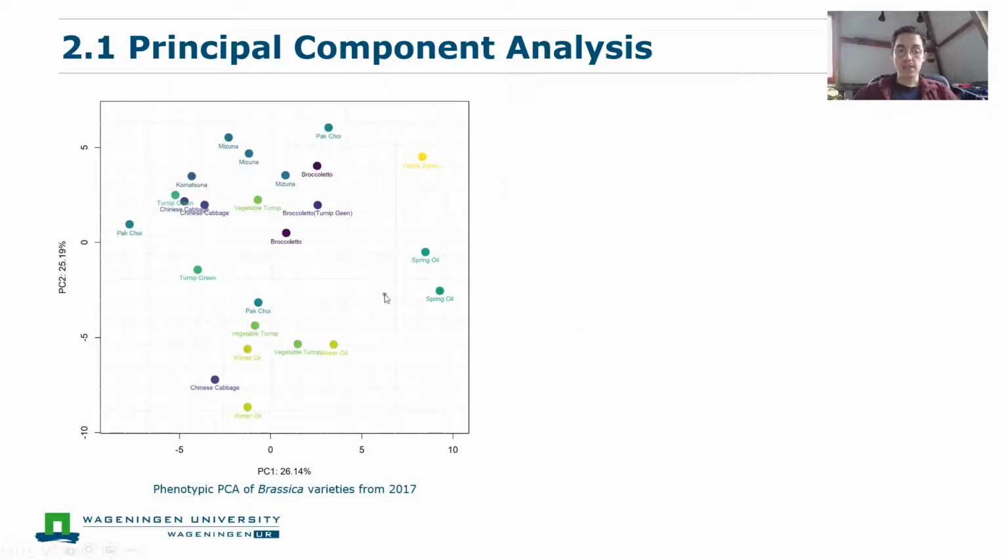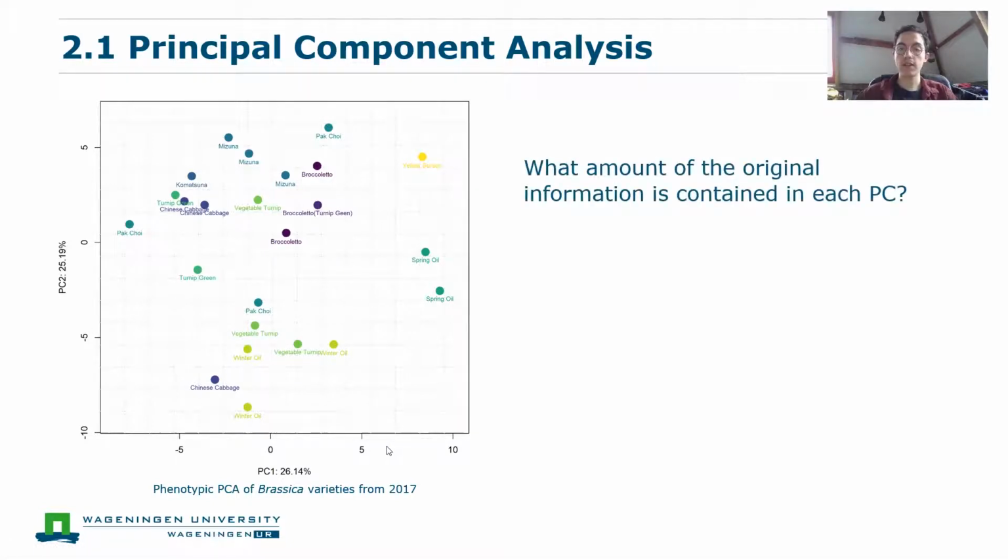This is the PCA, where each point is one of the Brassica varieties from 2007 that were evaluated by students with phenotypes that they had designed by themselves. Now, what we can ask of a PCA is two things. First off is what amount of the original information is contained in each principal component, and we can answer that with the percentage of explained variance, which I have plotted here and here.